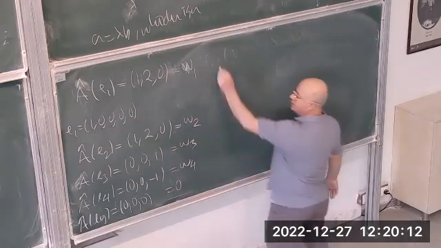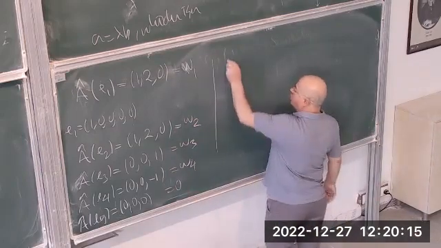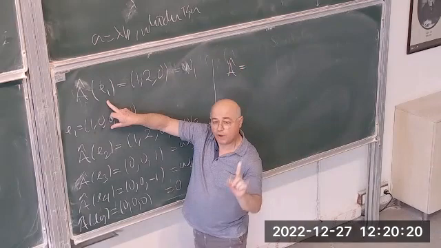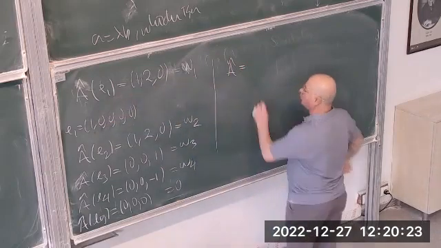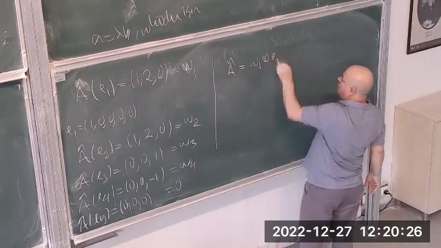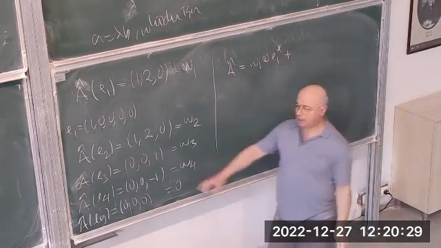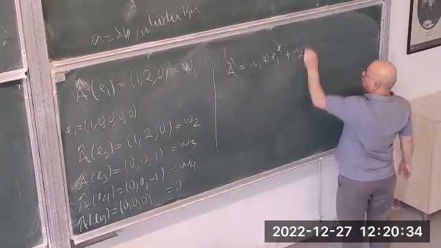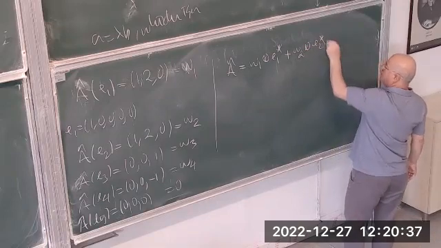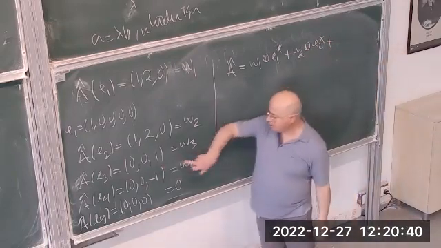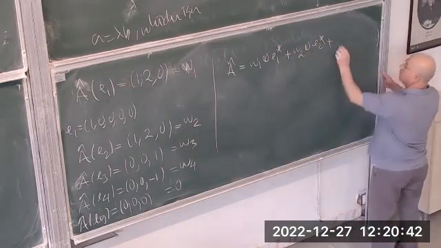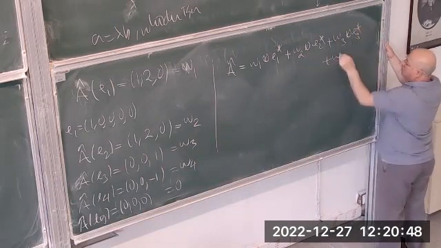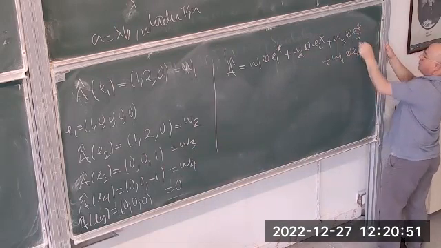And I can write this as a tensor if it eats E1 and gives us W1. So W1 tensor E1 star plus it eats E2 and gives us W2. So W2 E2 star plus it eats E3 and gives us W3, E3 star, W4 E4 star.